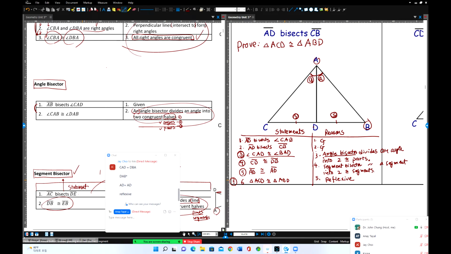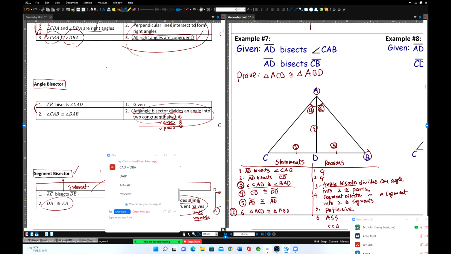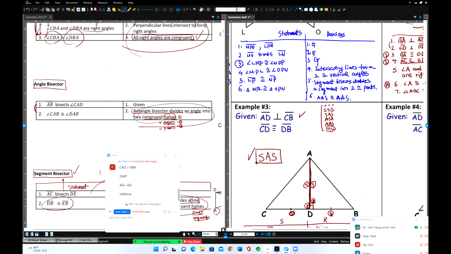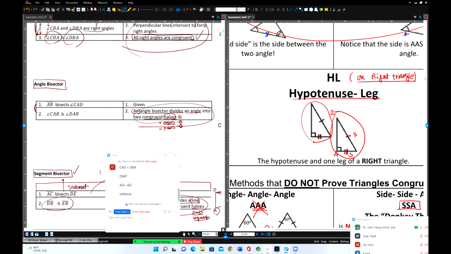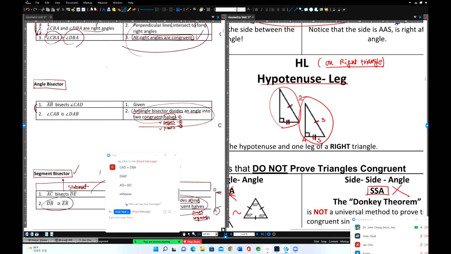Okay. What is the reason? Angle side side, or side side angle, or side angle congruent. Can you see that over here? I'll show you. Side side angle is not working. Can you see that?